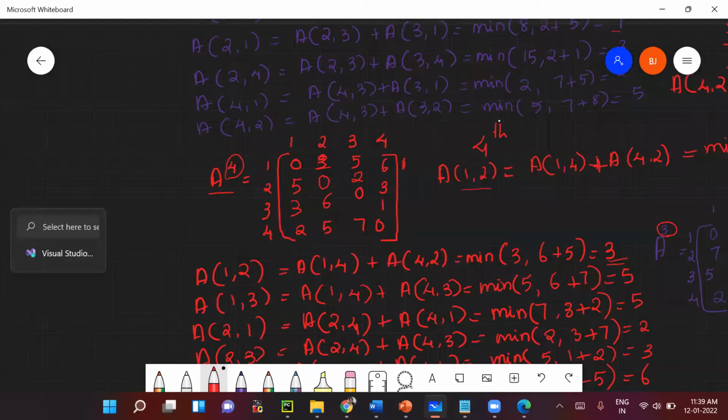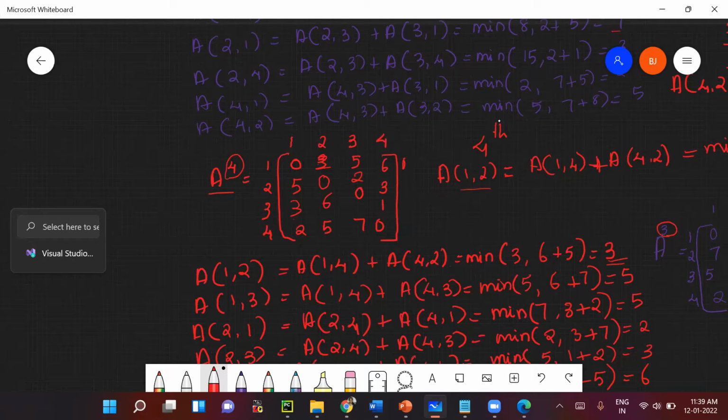This is the last iteration, right? Here we have included all the 4 vertices. When you are splitting and writing 1 to 4 and 4 to 2, this step is constructed from the previous distance matrix, which is considering 3 as an intermediate vertex, and that was constructed from the previous distance matrix.